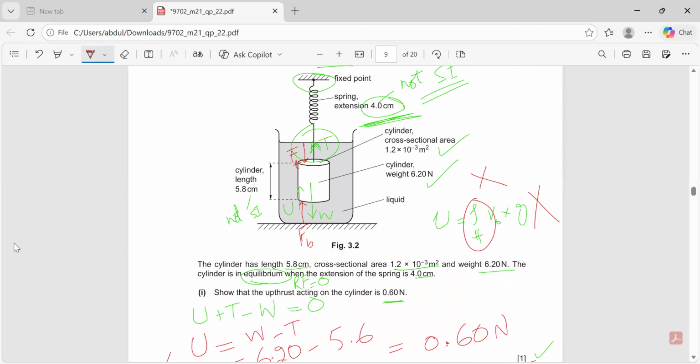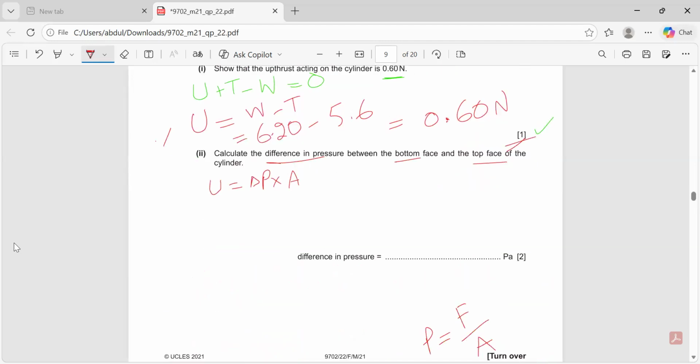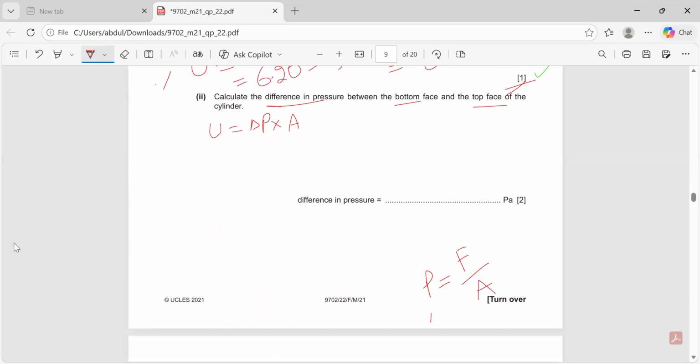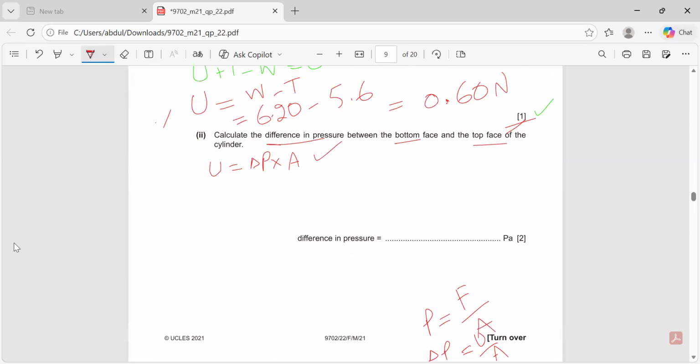At the top face the depth is H1, and at the bottom face it will be H2. So due to the difference in depth, there will be a difference in pressure. So I can write delta P, the difference in pressure, equal to U over A.